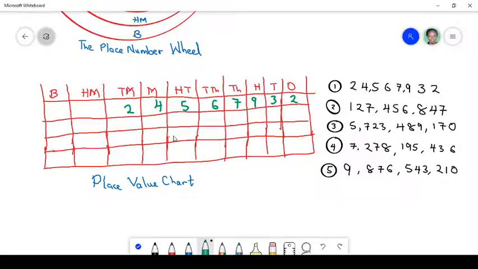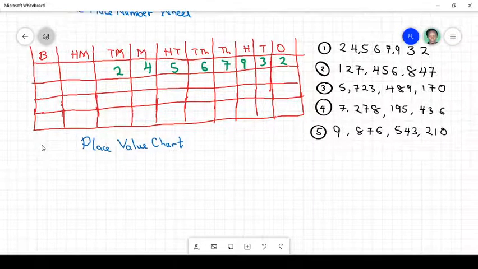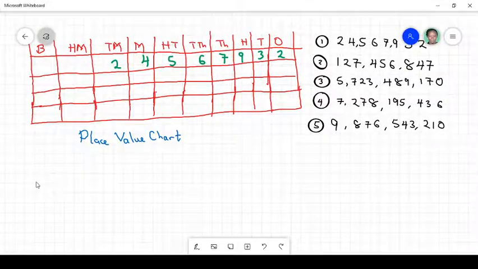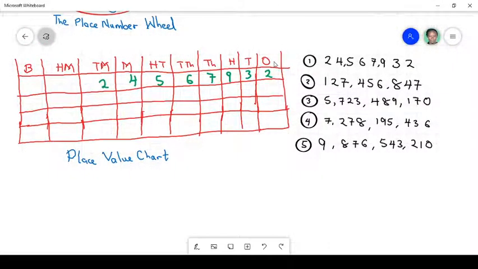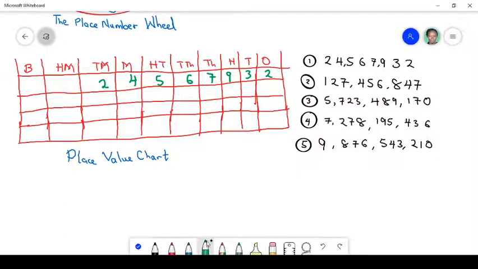So with this example 1, if you are asked to find the place of 2, so let's say we want to determine the place of 2.